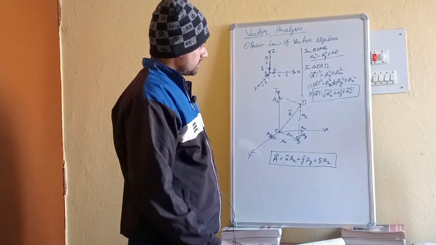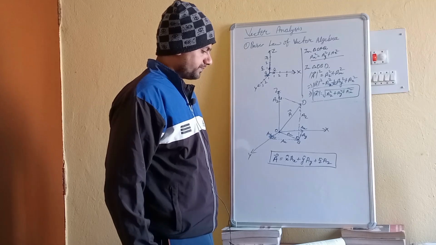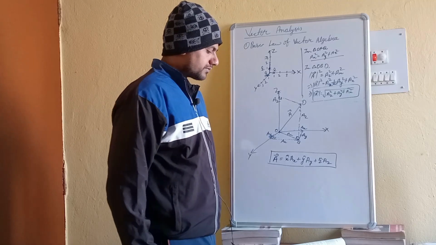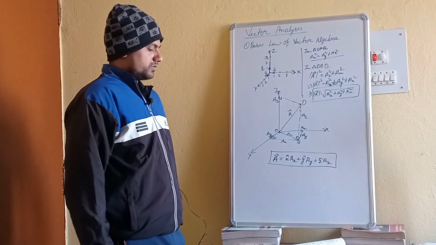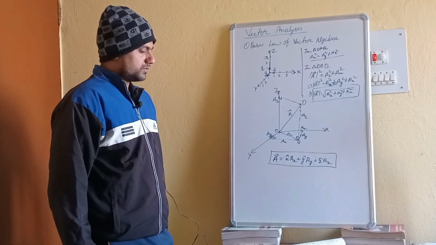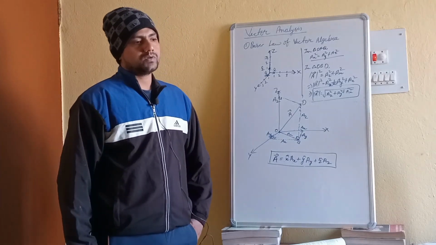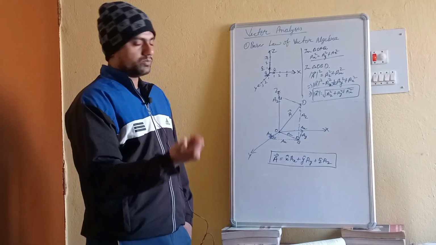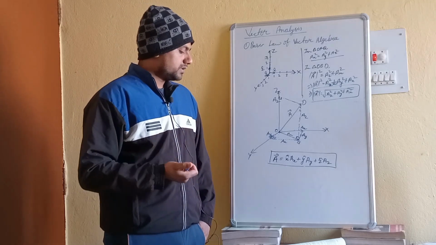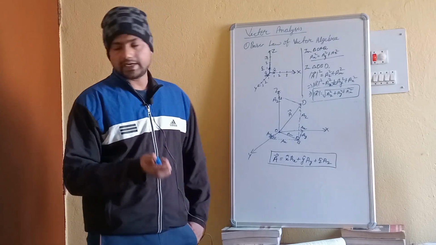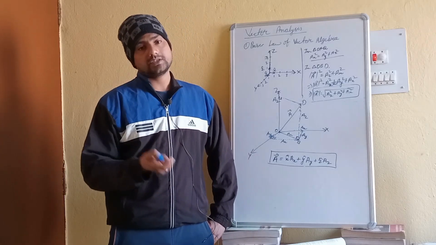Okay, now next I think I should explain the equality of vectors also, in which case we can say that two vectors are going to be equal. For that we have a condition. If that condition is satisfied, then only in that case can we say that those two vectors are equal. And if that condition is not fulfilled, then we will say that those two vectors are not equal.